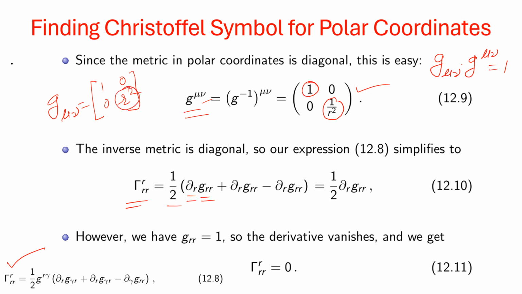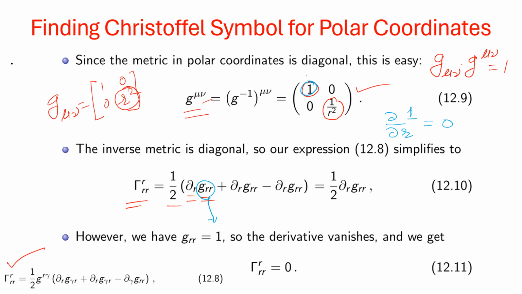You have to understand this. g rr is unity, as I said, and partial differentiation with respect to r of 1 will obviously be 0.